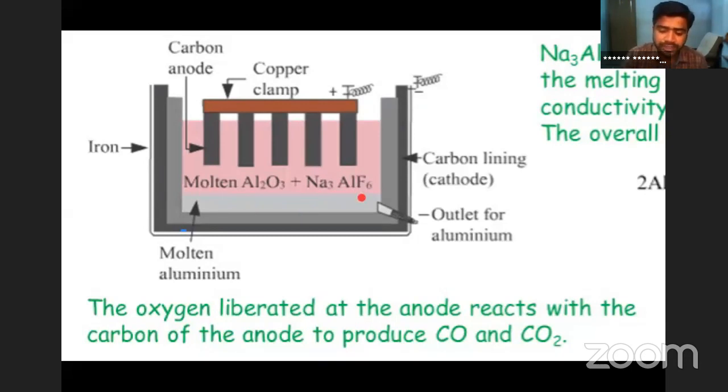The reason for adding cryolite is that molten alumina alone is not a good conductor of electricity, so to make it a good conductor we add cryolite, having the formula Na3AlF6. So this is how it is.